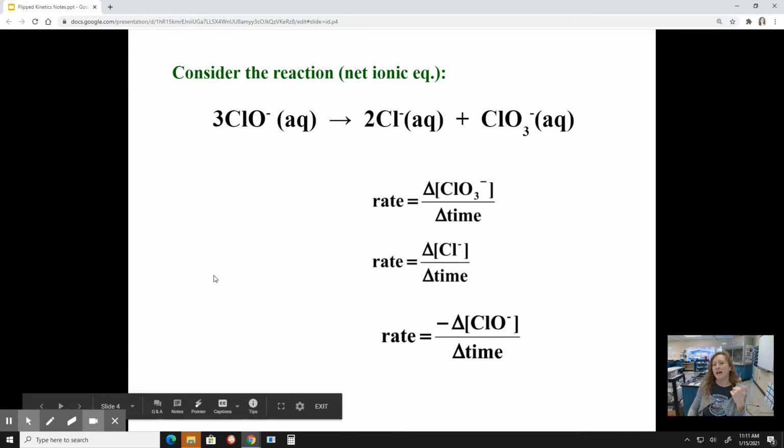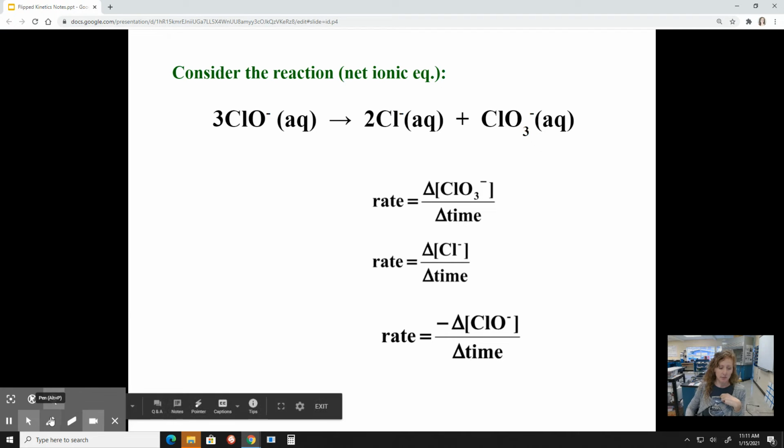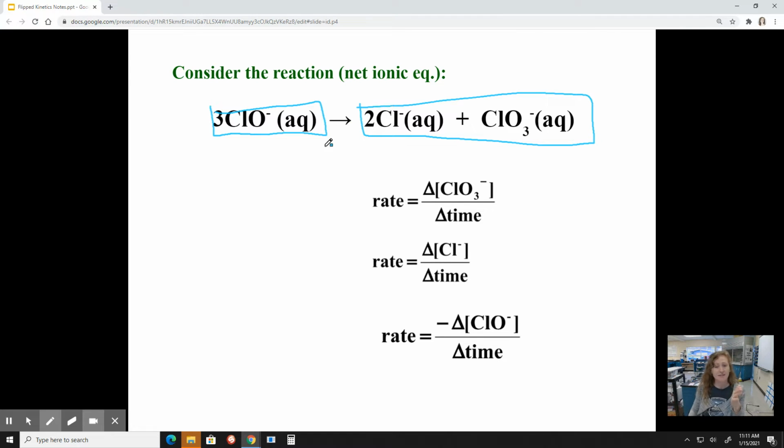Okay, so as our reaction gets a little more complicated, so do our options for communicating rate, right? So in this reaction up here, I have 1 reactant, but I have 2 products, right? If I want to know the rate of my reaction, I can communicate it in terms of the disappearance of my reactant. That would be this one.